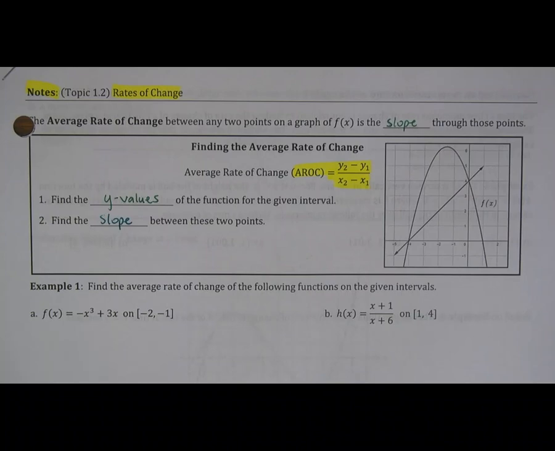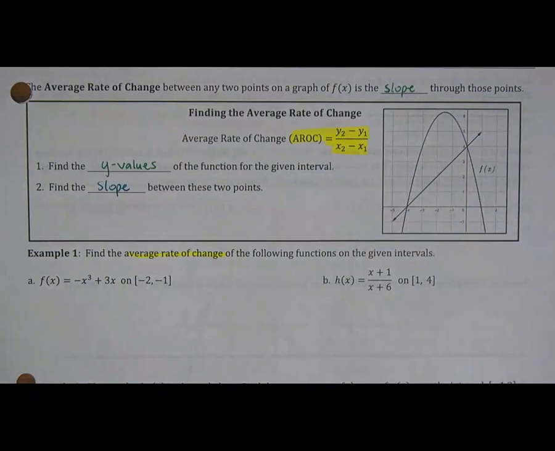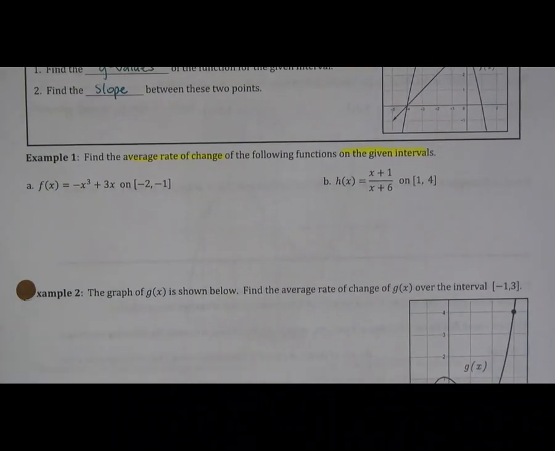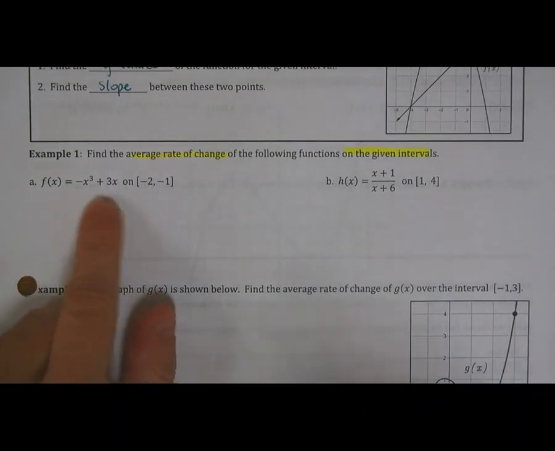The directions there say find the average rate of change on the given intervals. So we're going to have to get used to the way things are written and how things look so we know exactly what we're supposed to do. For A, we have this function negative x cubed plus 3x.